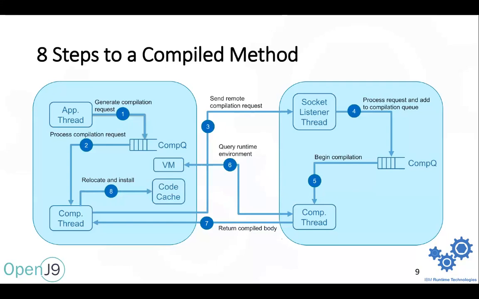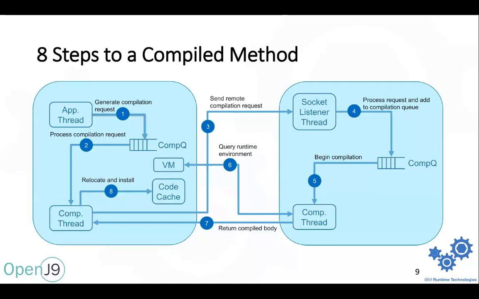So it's going to call back to the client to get that information. It's going to carry out the compilation process. And eventually, it's going to emit some machine code. That's step seven. And it's going to send that machine code back to the client compilation thread.